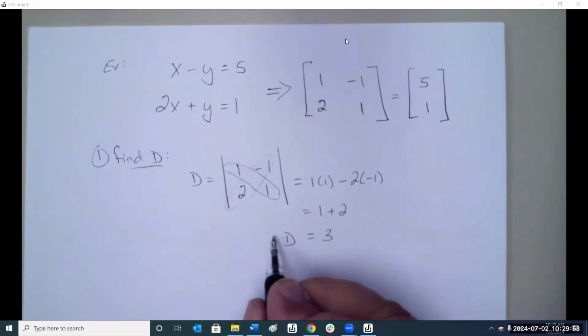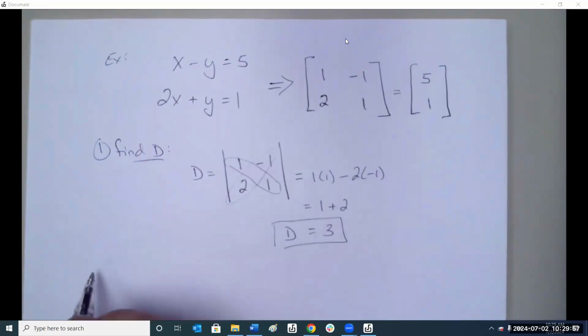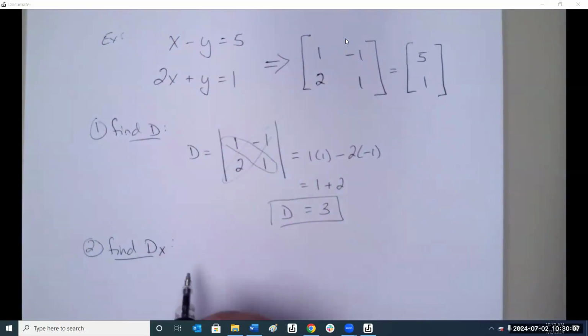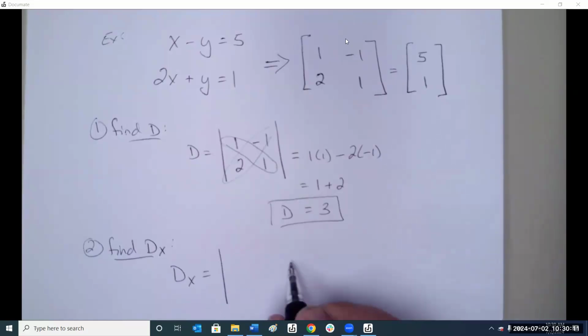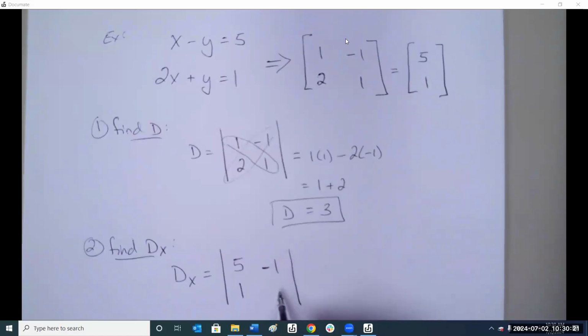So that's D. Find D sub X. Since we're looking for X, we take the answers and put them in the X column and leave the Y values alone.